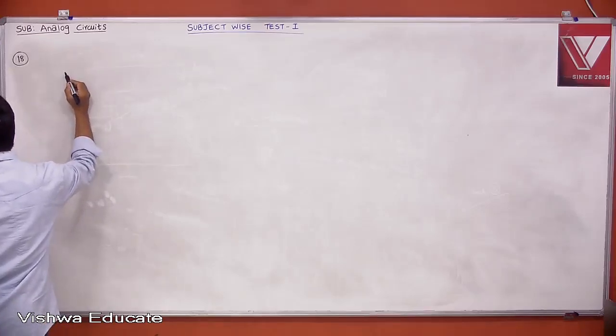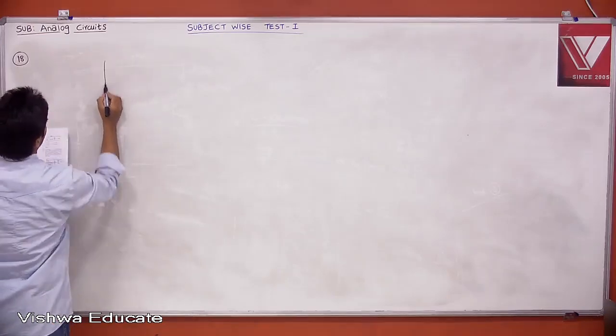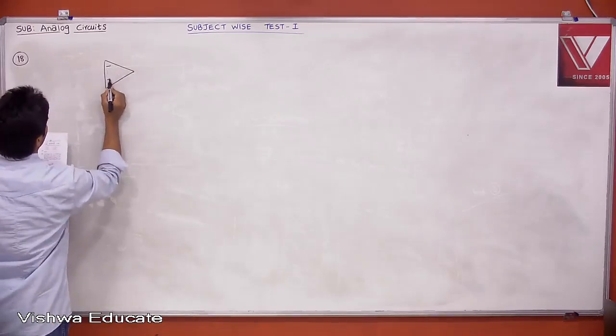The oscillation frequency and the condition to sustain the oscillations, respectively, are asked. It is asking what is the resonant frequency and then the condition for it. Okay. This is simple.